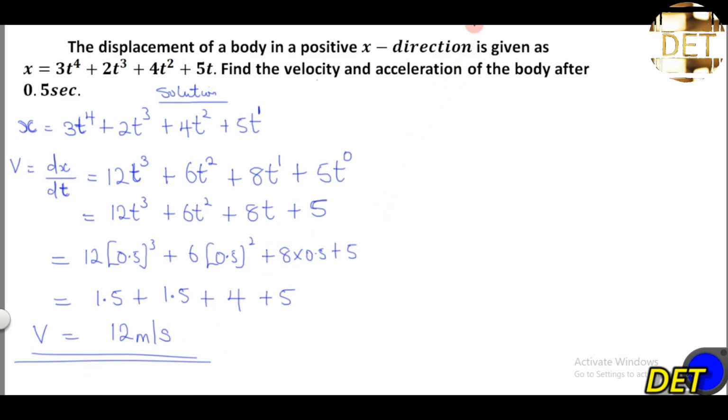The next thing that we'll do here is to look for the acceleration, right? Acceleration. So we know that acceleration is equal to what? Velocity over time.